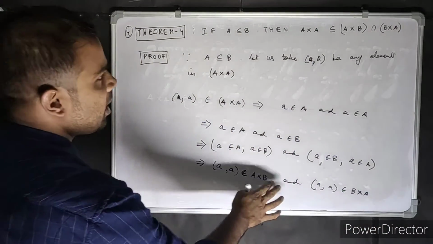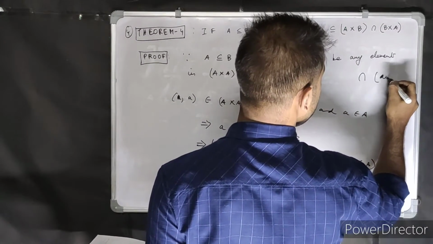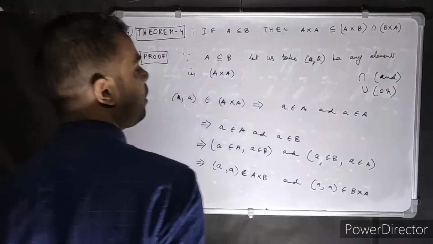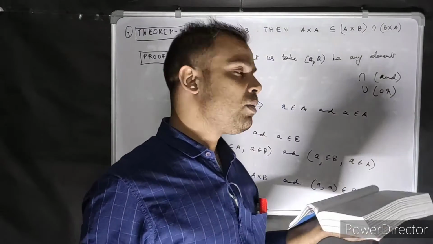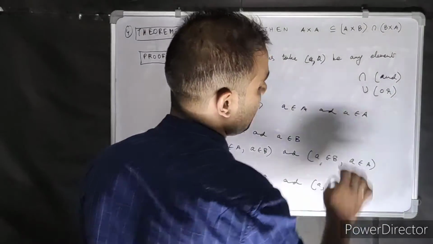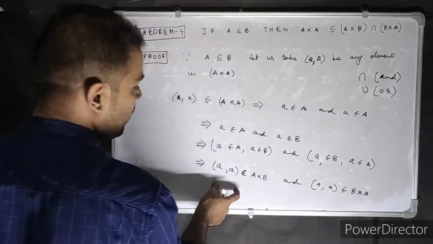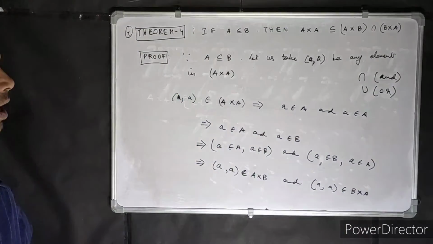Intersection means and, and union means or. Always remember, when we do questions on this, we will take intersection as and and union as or. So you see, we are getting an intersection point between A cross B and B cross A.